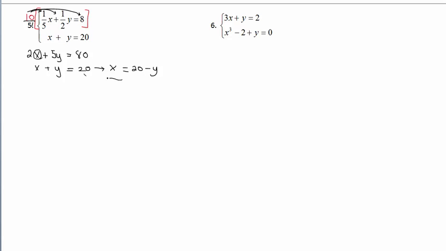All right, so come down here. Let's make a little separation of my work as I change thoughts. So 2 times x needs to be replaced with 20 minus y. Record the plus 5y and equals 80. Distribute the 2 in.